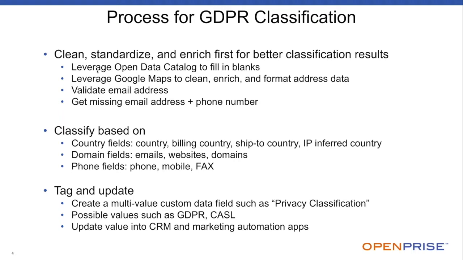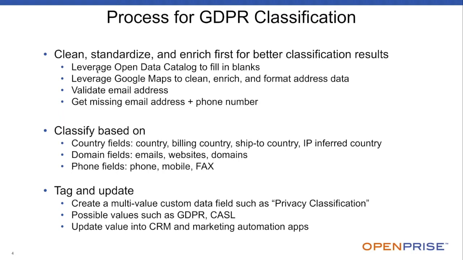It even covers, say, U.S. non-EU citizens who are traveling and working from the EU, or EU citizens who are staying abroad in the US. So it's not good enough to just look at things like billing country and ship-to countries.